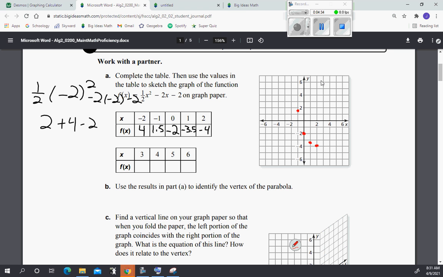So at -2, 4. I must have messed up there. 1/2 of 4 is 2. Plus 4 is 6. Minus 2 is 4. Oh, yeah, that's -2.